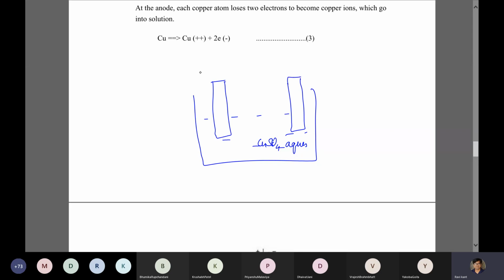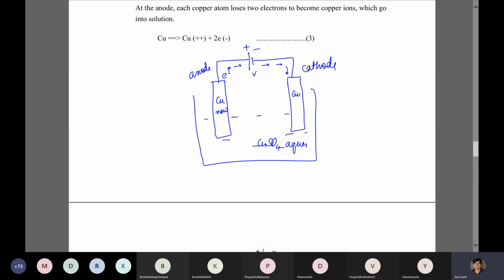One is called the anode, one is called the cathode, based on the polarity of the voltage that is being given to it. So with the voltage source connected in this way, electrons are going to flow this way.